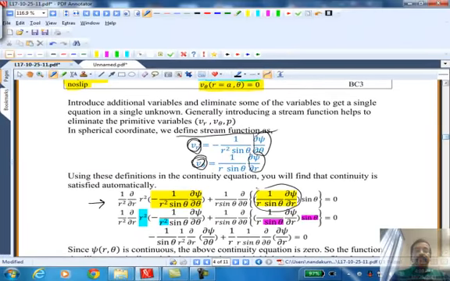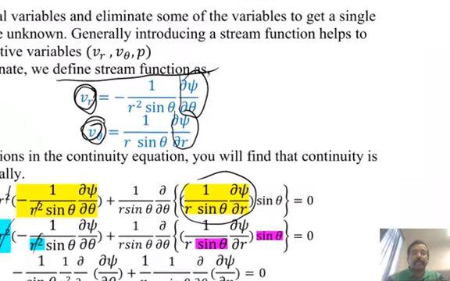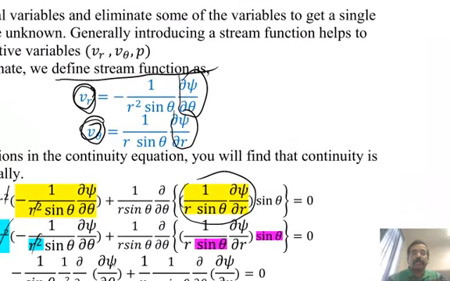Now you need to take the derivatives. For example, from here, sine theta you can pull out because you're taking only the derivative with respect to r. And then the r squared and r squared will cancel out. So what you get is simply minus 1 over sine theta, 1 over r squared, d/dr of d psi/d theta. Here you see the cross derivative, d squared psi/dr d theta. Similarly, in the second term, you take out the things that are not changing.